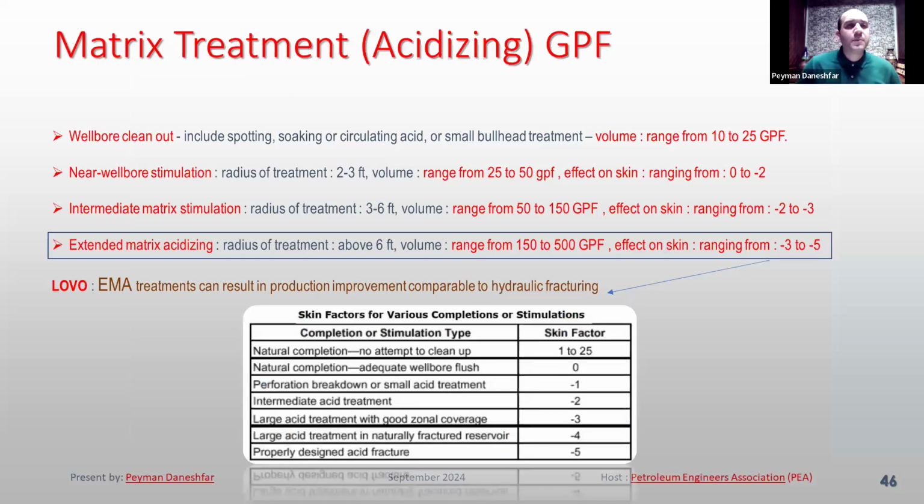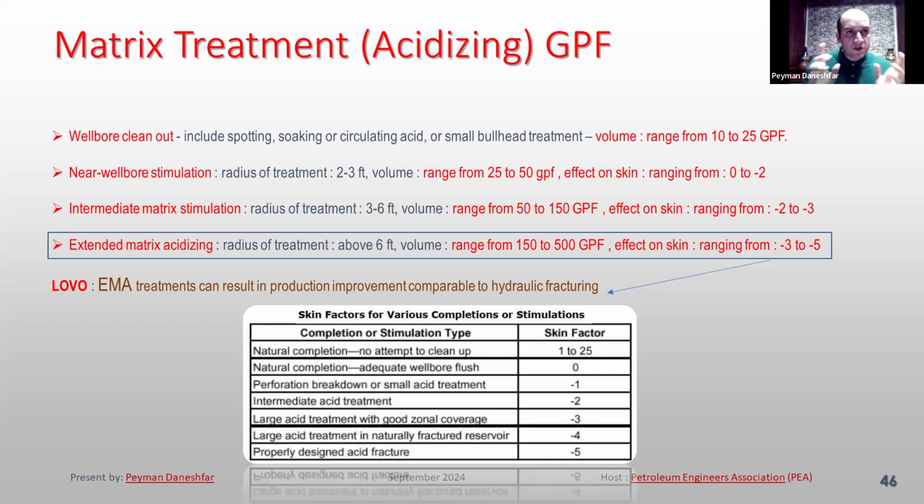So we have some types of matrix treatment. Wellbore cleanout volume ranges from 10 to 25 GPF, and near wellbore stimulation, or NWS, ranges from 25 to 150 GPF.